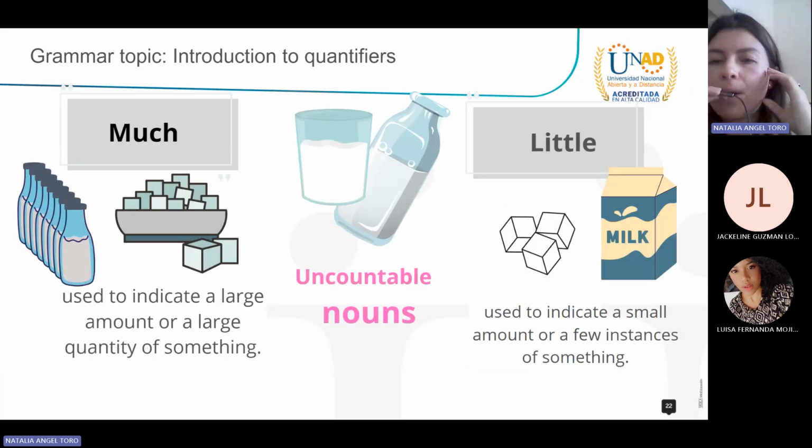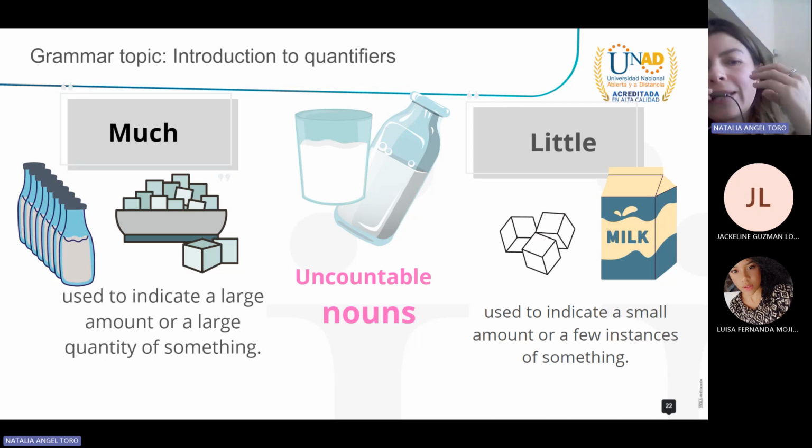So starting with much and little, we have to say that much and little are used just with uncountable nouns. And much indicates a large amount or a large quantity of something. For example, when we talk about sugar, chocolate, coffee or milk, we talk about something uncountable.